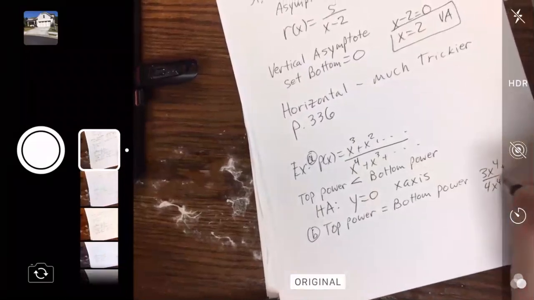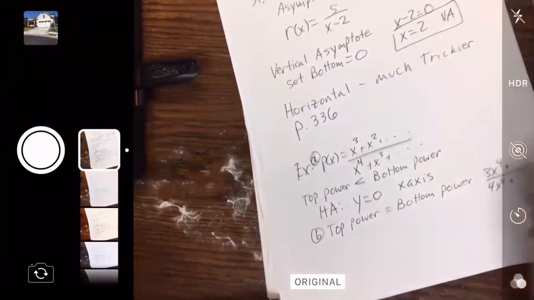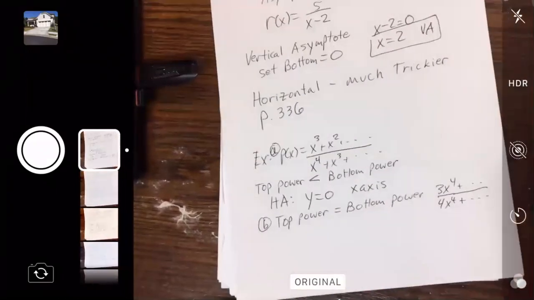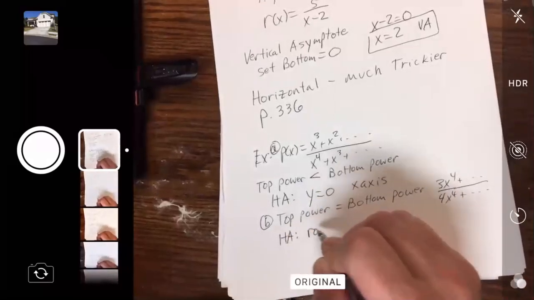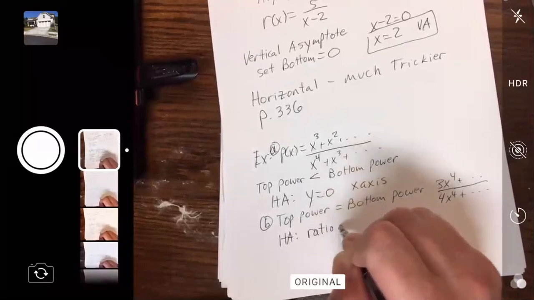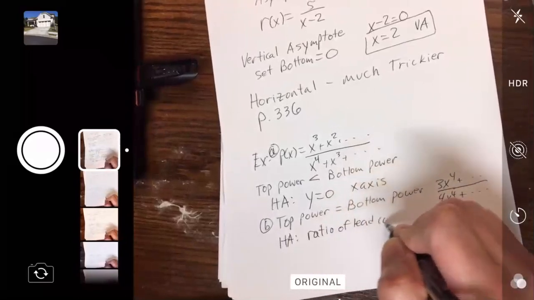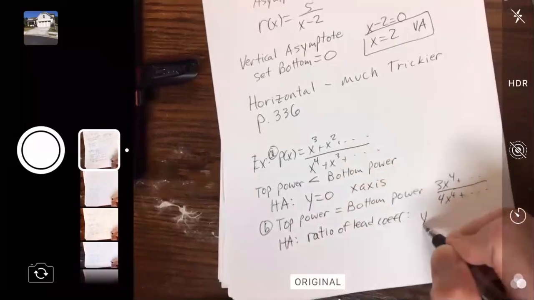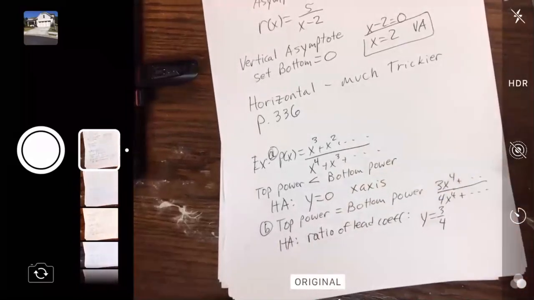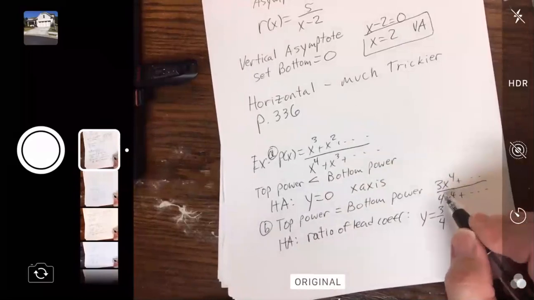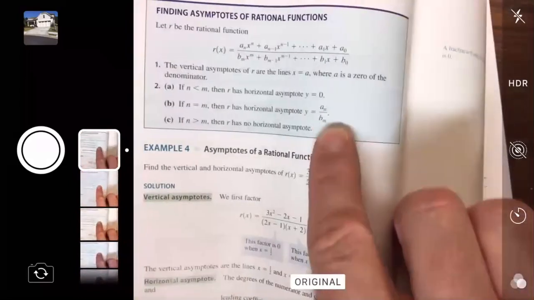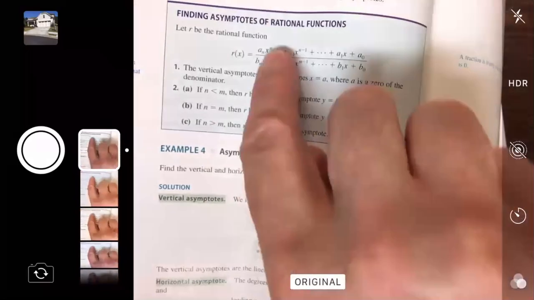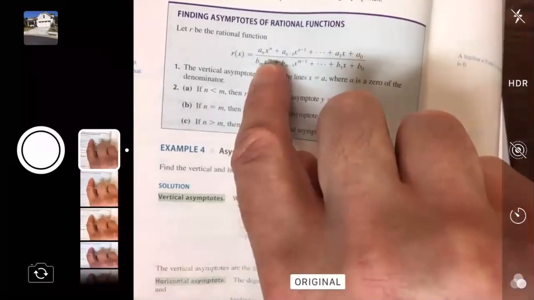You have other terms, but you only care about the lead. Your horizontal asymptote is the ratio of lead coefficients, meaning it would be y equals 3/4. The lead coefficient on top over the lead coefficient on the bottom. That's what they're saying here, AN over BN.